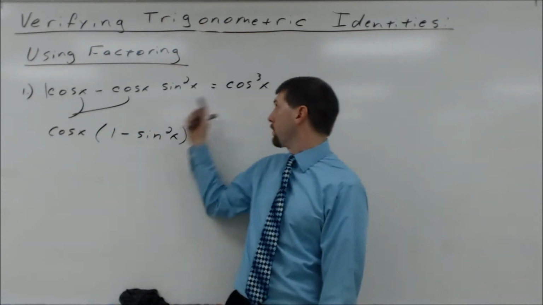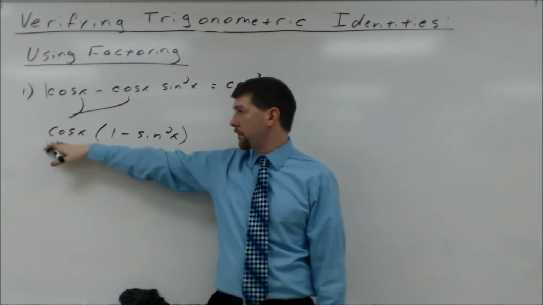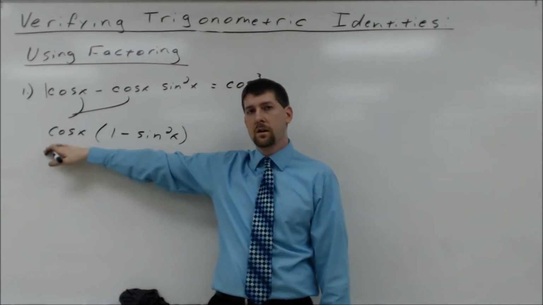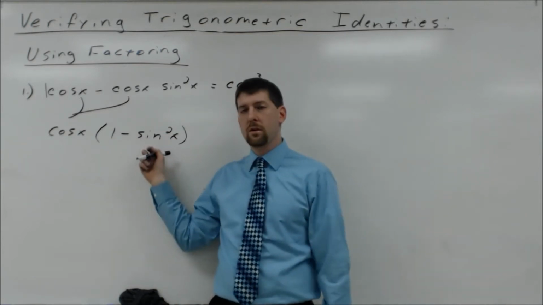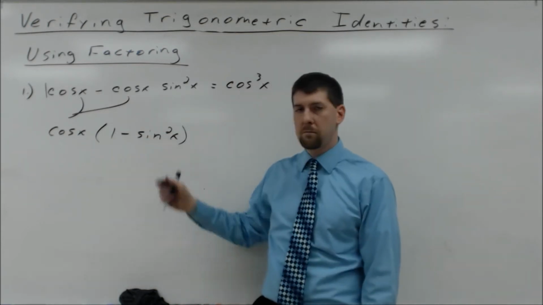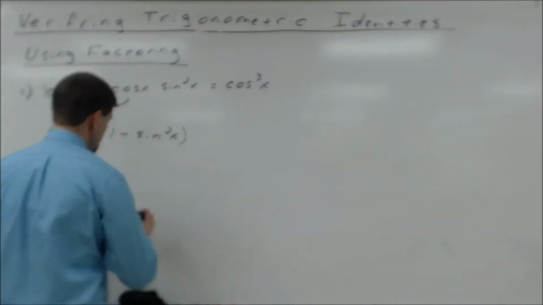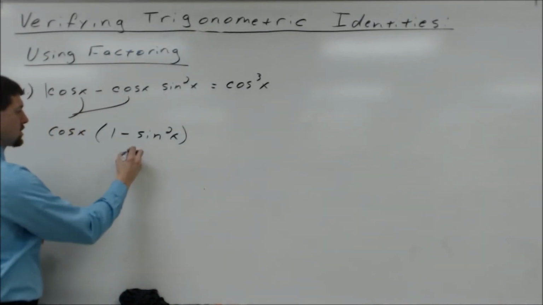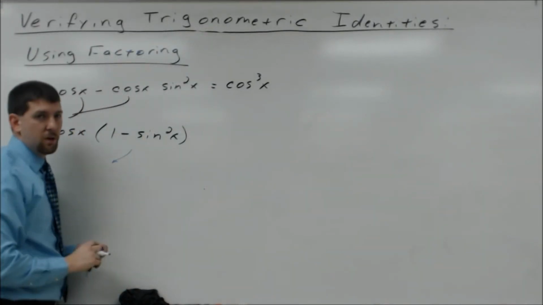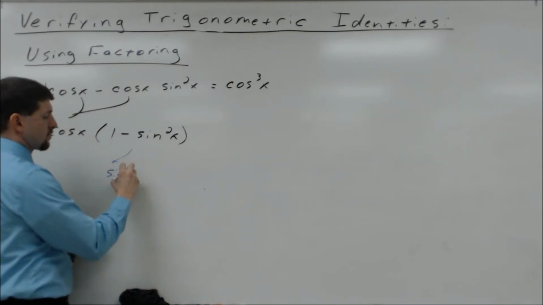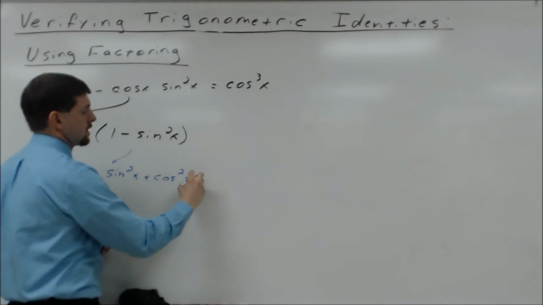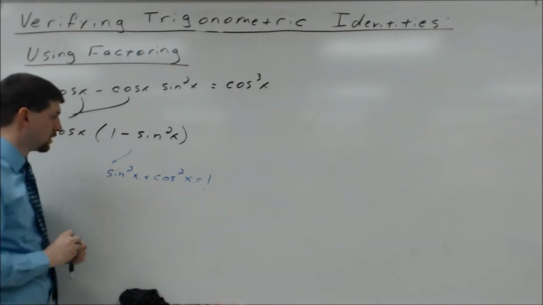Well, how does that help me? Well, I'm trying to get to cosine cubed. Well, I've got cosine to the first here. Now, I need this to be something with cosine. Well, this should look familiar to me, 1 minus sine squared, because 1 and sine squared are held together by our Pythagorean identity. Remember, sine squared x plus cosine squared x equals 1.